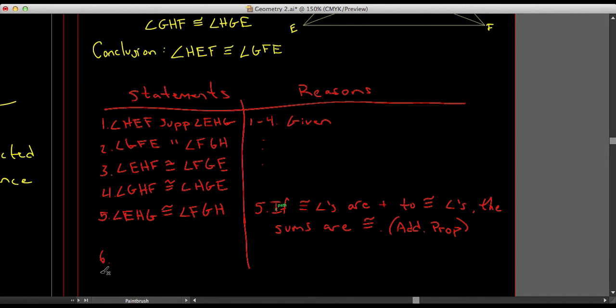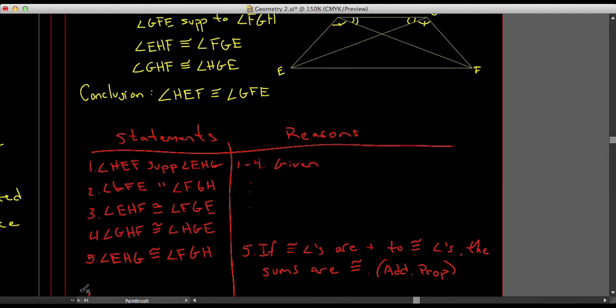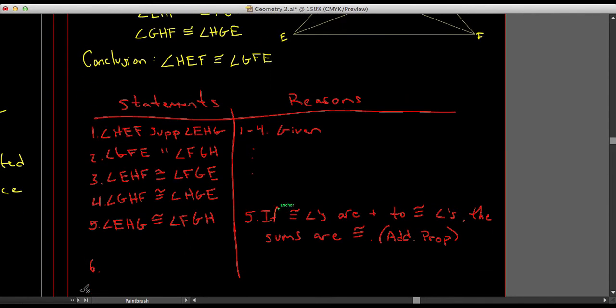Our last statement is actually going to be our conclusion. This is because we can take this newfound information that we've just proved using the addition property and combine it with some of the given information, the given supplementary angles. So I say now that angle HEF is congruent to angle GFE.